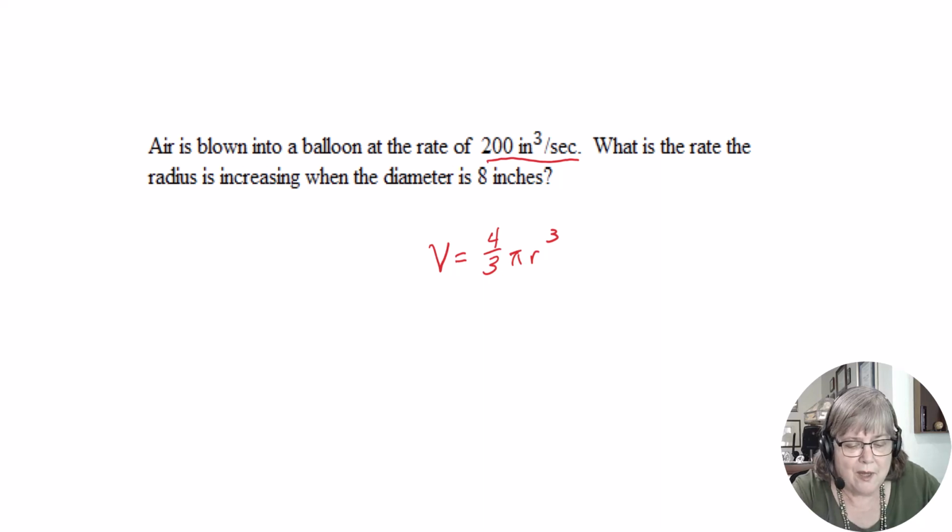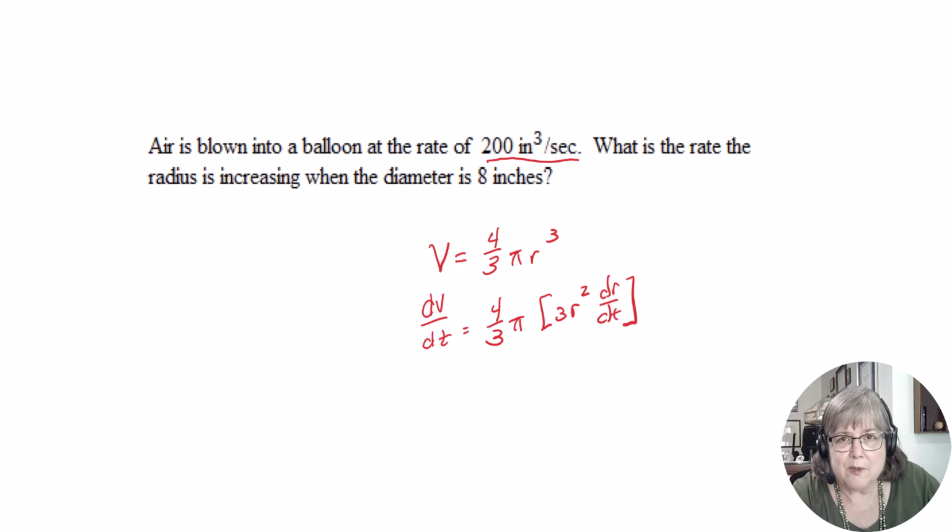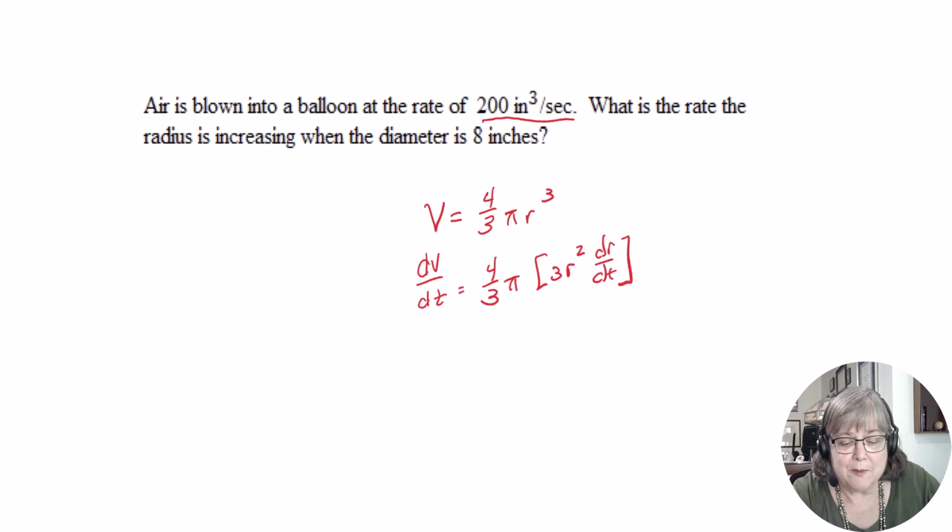So when you do that, the derivative of V with respect to t is dV/dt. And you have your 4/3 and your pi, which are just coefficients that multiply r cubed. So you bring the 3 down, leave the r alone, drop 1 off the power, and loop back in and take the derivative of r with respect to t.